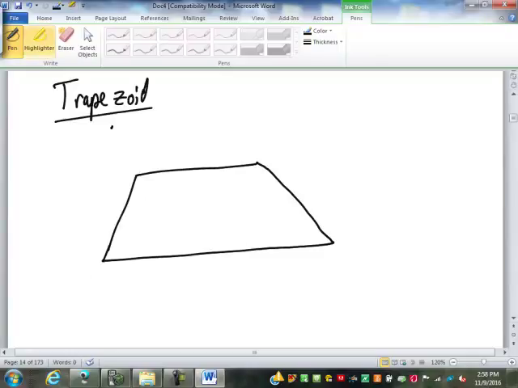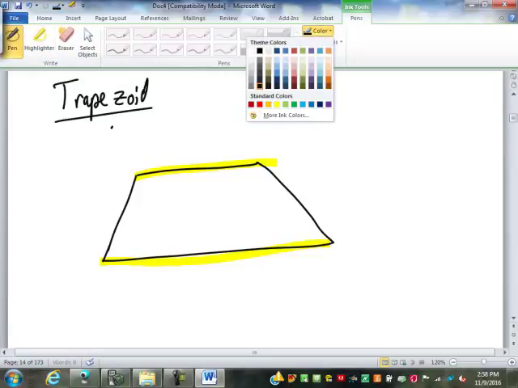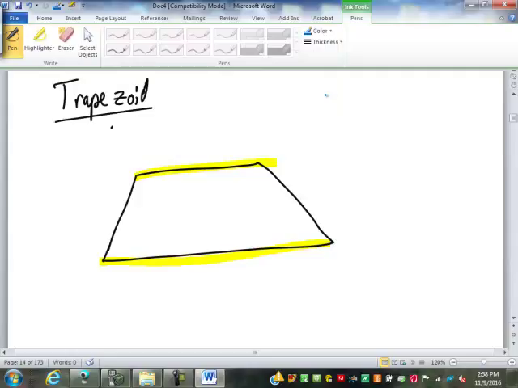So you can see here, these two sides are parallel with each other and the other ones are not. The two parallel sides are called bases. You can call them base 1 and base 2 if you want to, or the short base and the long base. It doesn't really matter.